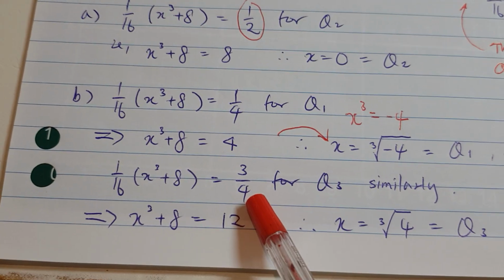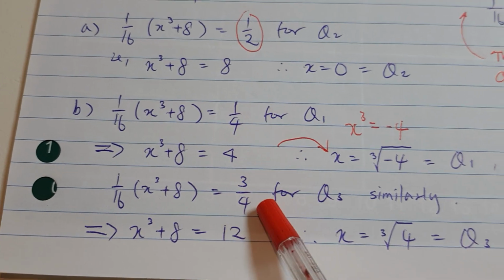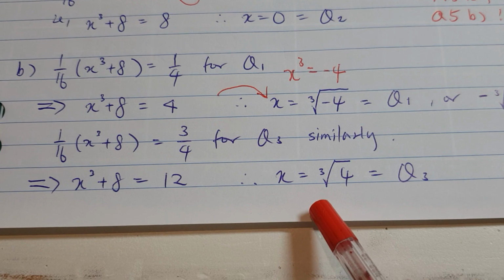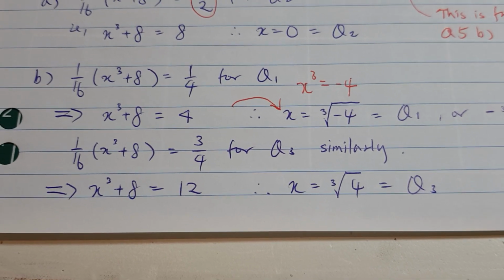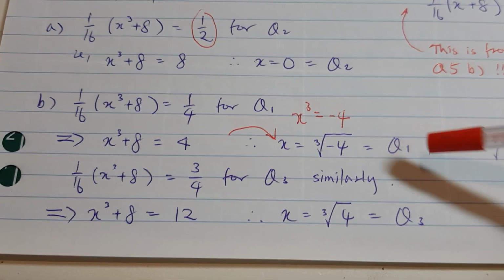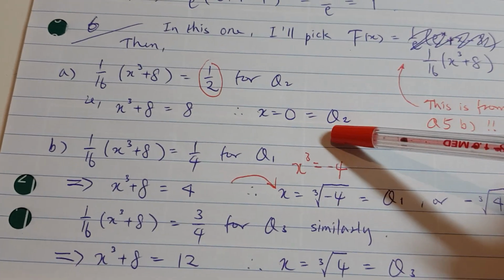And the upper quartile part is similar algebra. It's only 3 times bigger, so it's now 12, and x equals the cube root of 4. Again, the only positive answer. So that's your Q1, and that's your Q3, and that is your Q2, the median.